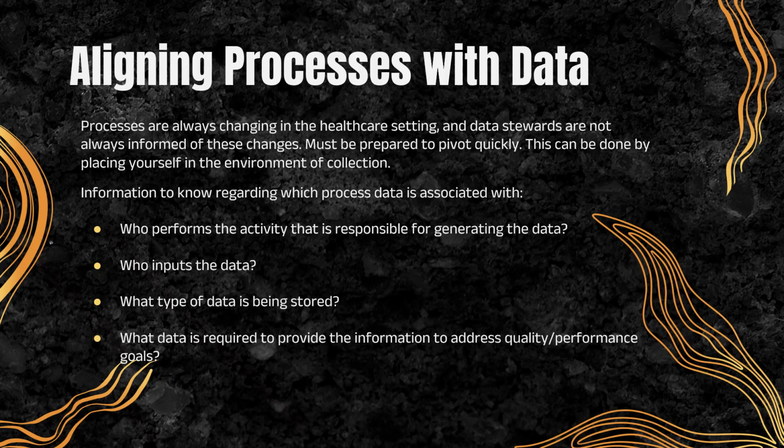Now, information that you should know regarding which process data is associated with it. So you should understand who performs the activity that is responsible for generating the data. So if you're looking at hand hygiene data, you should understand who the participants of, we'll call it an observational study for lack of a better term, are.